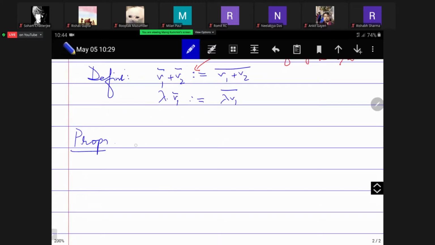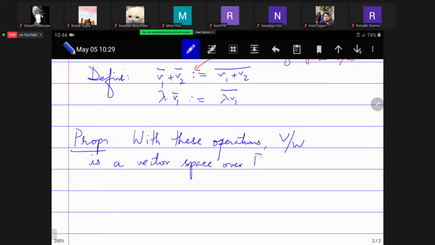Now, proposition. With these operations, V mod W is a vector space over F. This I won't prove. I leave this checking to you, because you have to check that these two operations satisfy the required conditions. Let me clarify the zero vector of V mod W: it is the equivalence class containing zero.